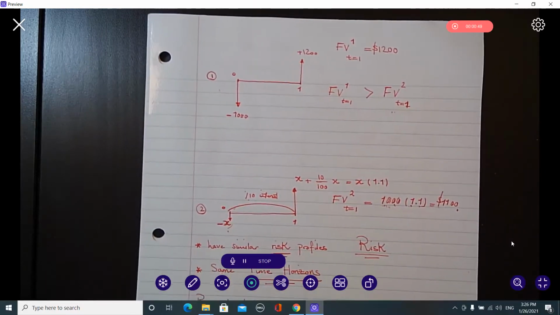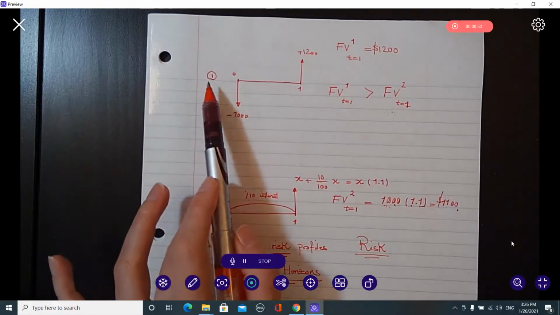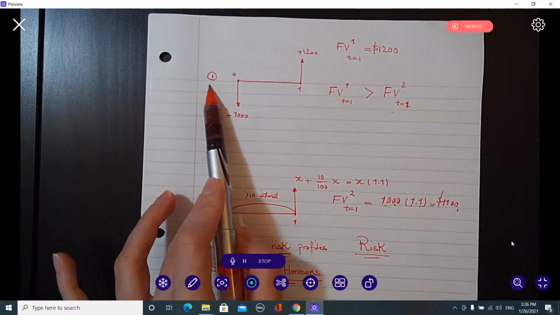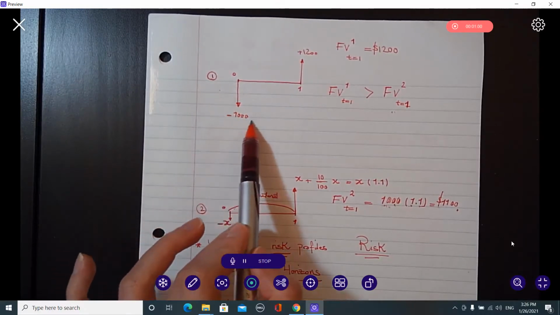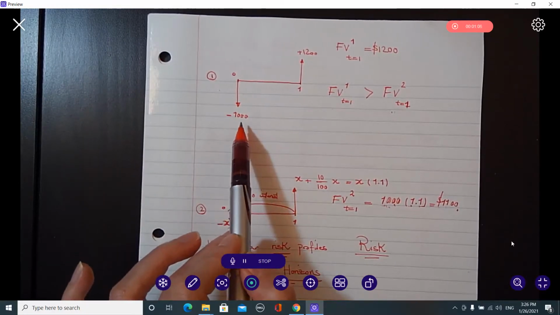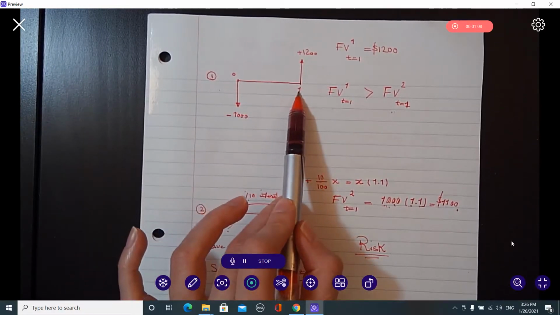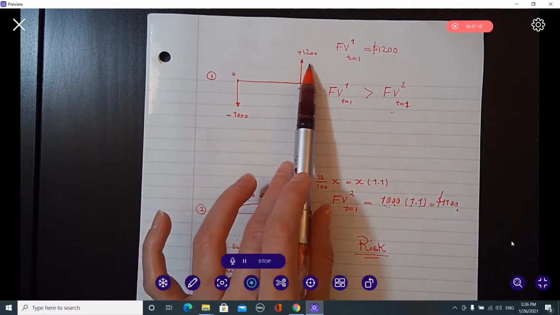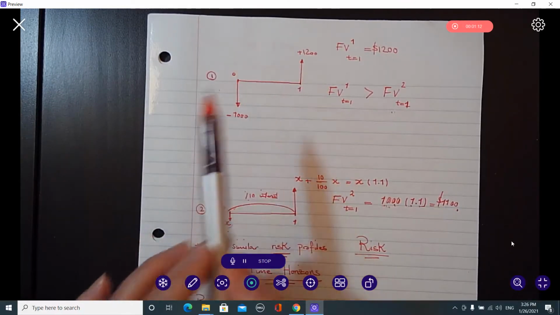Let me quickly review the two investment opportunities that we considered. In the first, investing in an ice cream shop, you initially invest $1,000, and after 1 year you will receive $1,200 in cash flow.